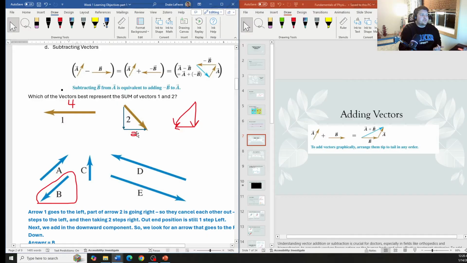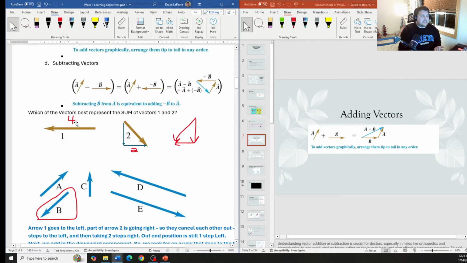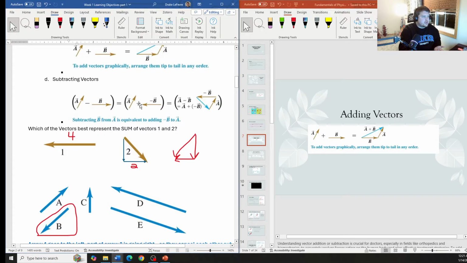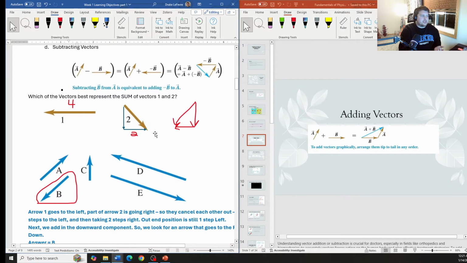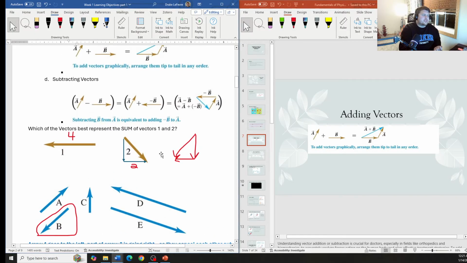And you can do the same exact thing with subtraction. Instead of adding these, we could subtract them, and essentially you just make one of these negative. It works a little bit differently. Most of the time, you're not subtracting vectors.